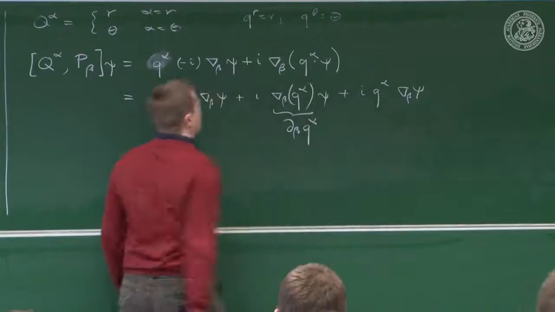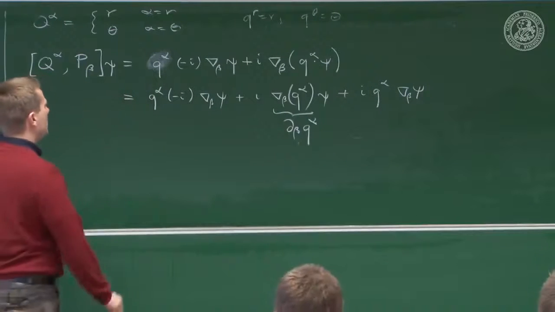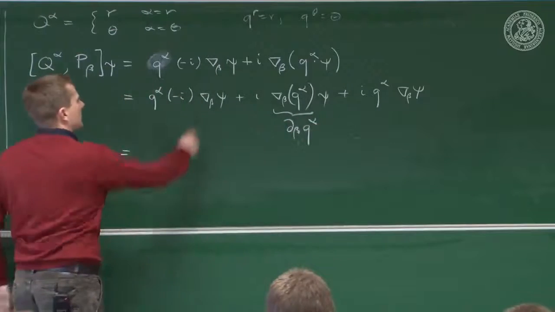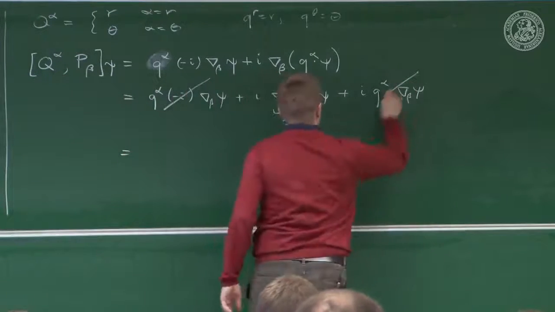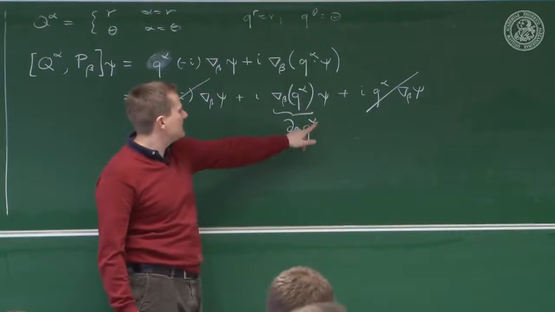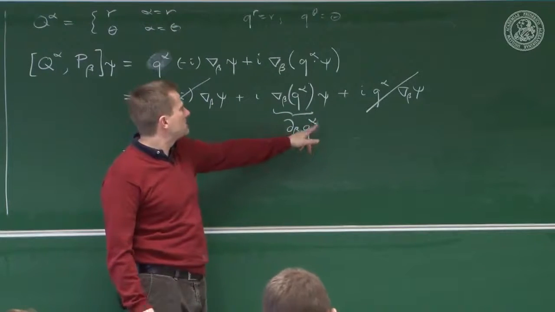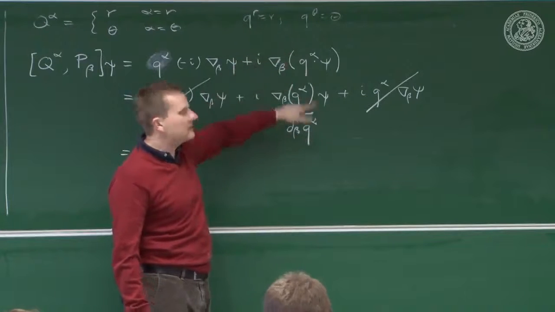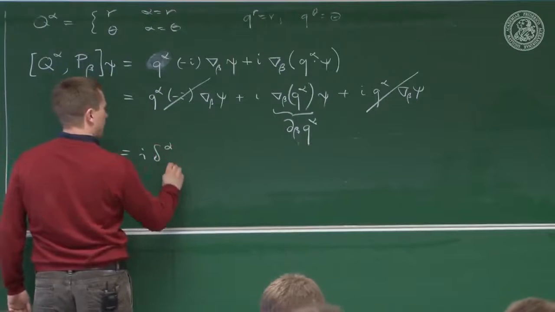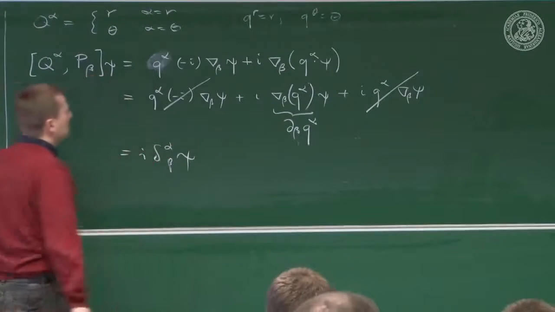Whereas this guy stays what it is. But in any case, there's a plus i, there's a minus i. This guy cancels against that guy. And because this is just a function, this is a delta alpha beta, because it's dr by dr or dr by d theta and so on. So this is nothing but i delta alpha beta psi.